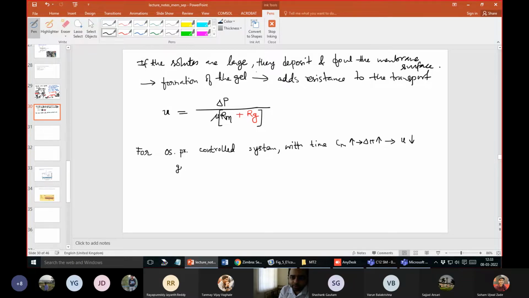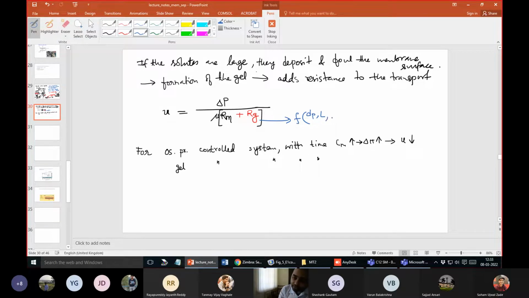Similarly, for a gel controlled system, the gel layer resistance Rg is a function of the solute particle diameter and the thickness of the gel layer over the membrane surface.